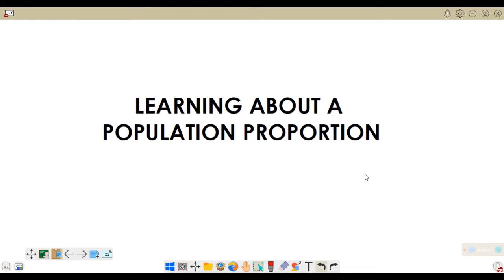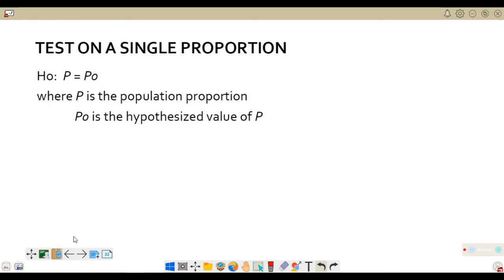So the last time, we had an introduction to statistical inference, and you learned the different steps in performing a test of hypothesis. So dito, actual test of hypothesis na yung gagawin natin, and it is on a single proportion muna.